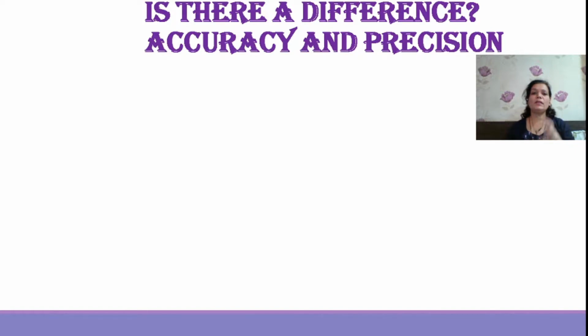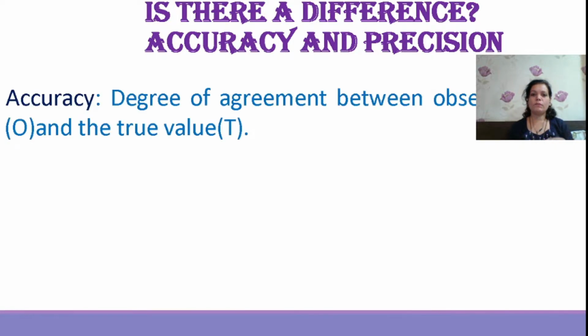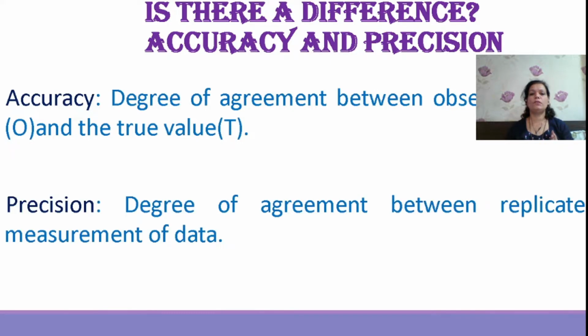So any particular method can be differentiated between these two statistical terms, accuracy and precision. When you perform the experiment and your result is very close to the true value, then the accuracy of the method is very good.